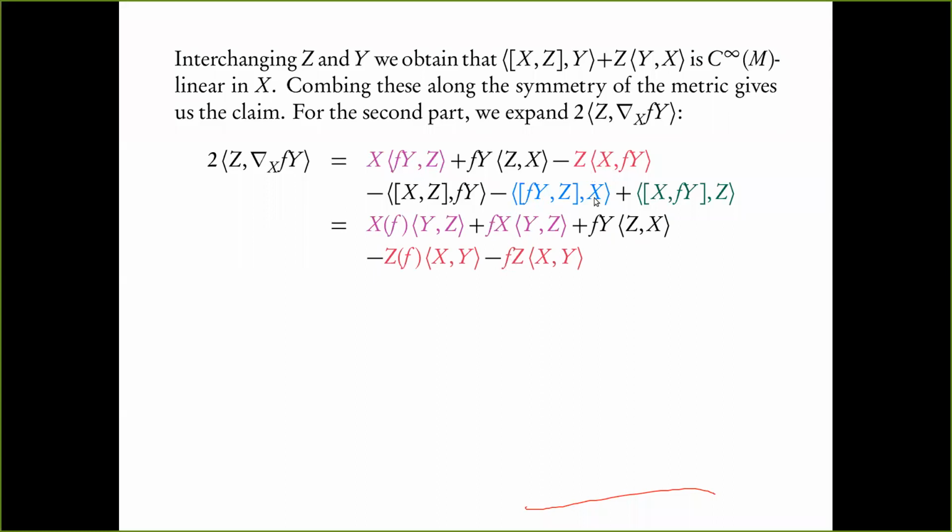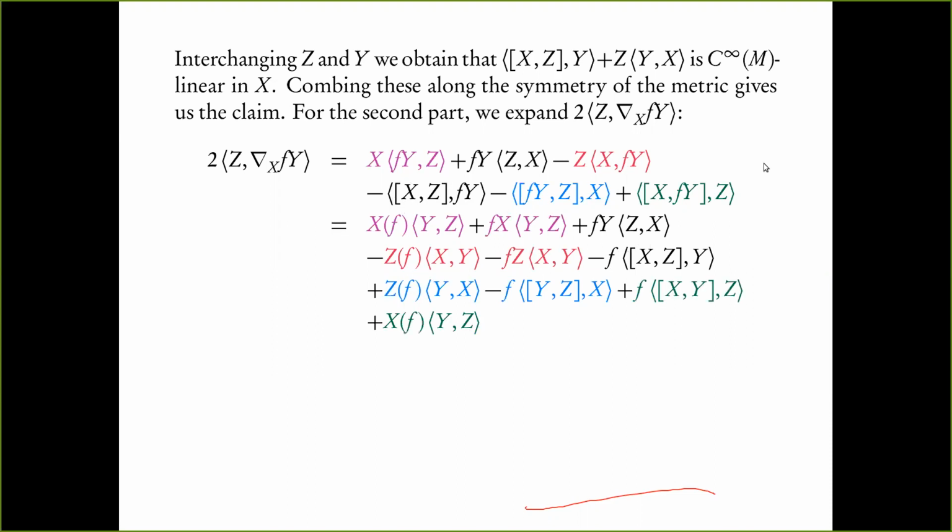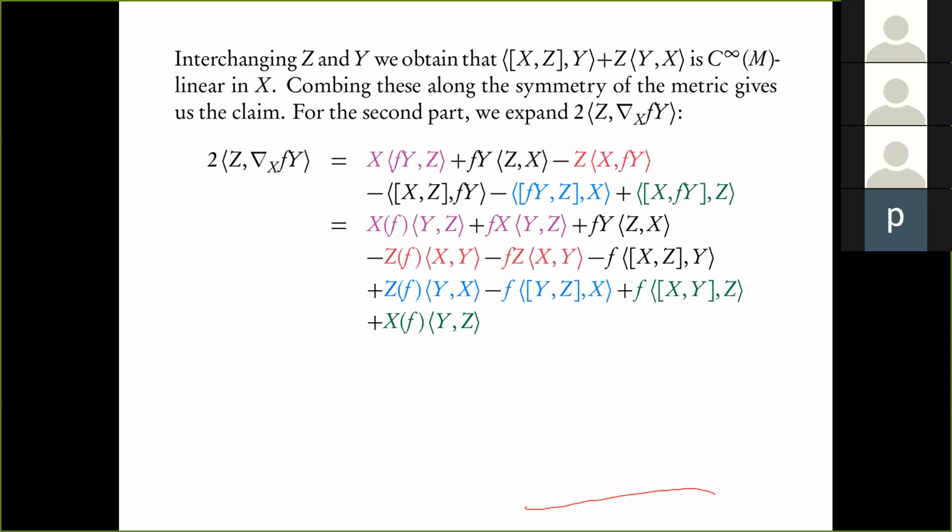Either the f comes out and it's z acting on inner product xy, or z acts on f. This is a function, and then you have inner product xy, right? The next term is the same thing as this term here, and that is already C infinity(M) linear, so I can pull the f out, which is what I just did. What about the blue term? Well, the blue term will have two terms, same reasoning. And the green term will also have two terms, same reasoning, right?